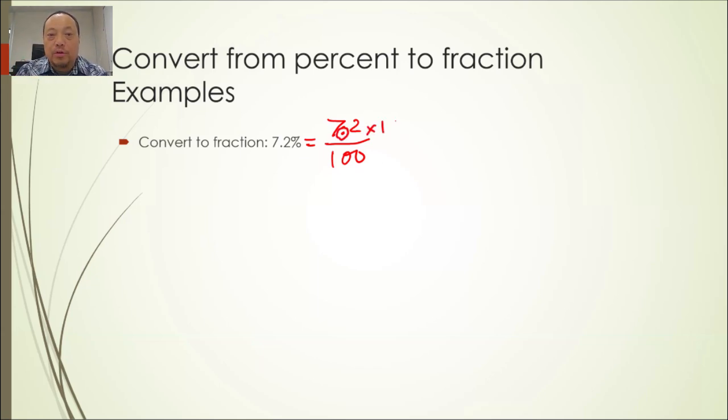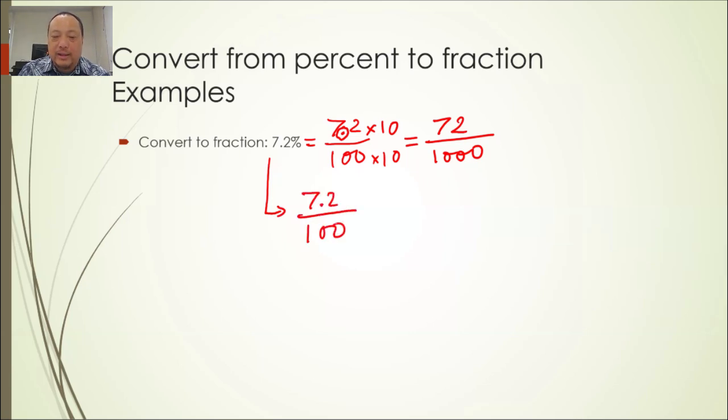You can think of it as multiplying both the numerator and the denominator by 10. Then I get 7.2 times 10 equals 72. 100 times 10 equals 1,000. Now I have a proper fraction. I can simplify now. Another way to think about it is if I have 7.2 over 100 like this, and I want to move the decimal point over here to make it 72, then down in the denominator, there's an invisible decimal point here.